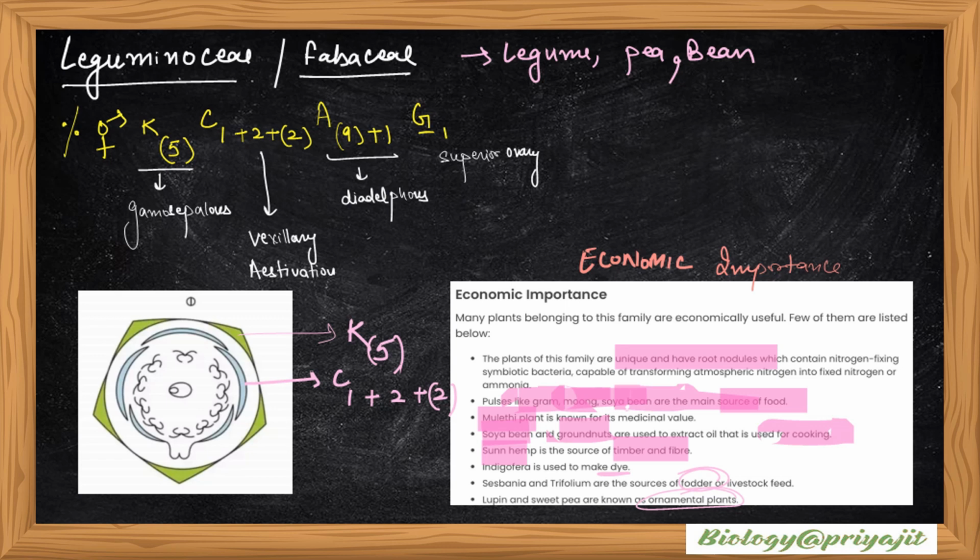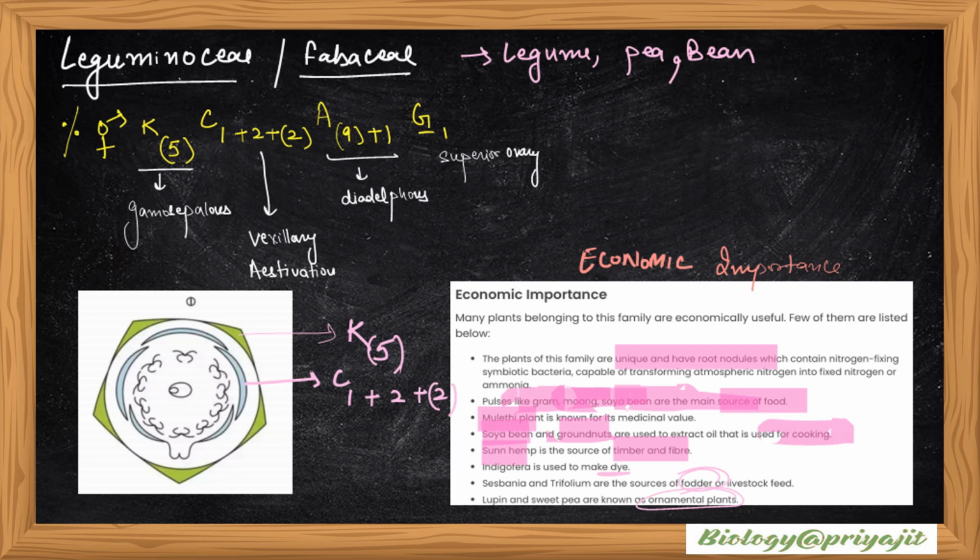They are in fused condition. Vexillary estivation is found within corolla, 1 plus 2 plus 2. Androecium is diadelphous in nature, 9 fused plus 1. 1 is freely arranged, and the gynoecium is superior ovary, and the hypogynous condition we can find.